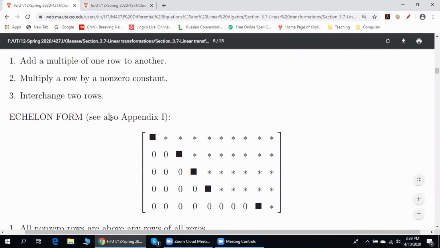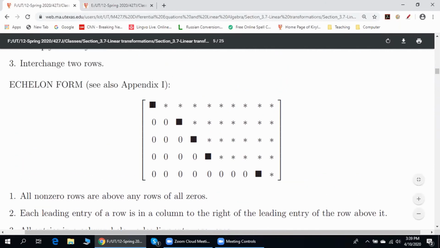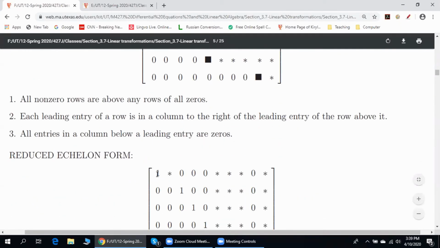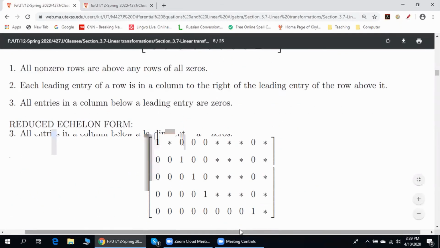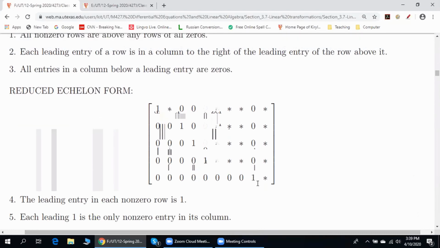The difference between echelon form and reduced echelon form is the following. Now, instead of black squares, pivots, we have ones. In reduced echelon form, a pivot is not just a non-zero number. A pivot is necessarily 1.